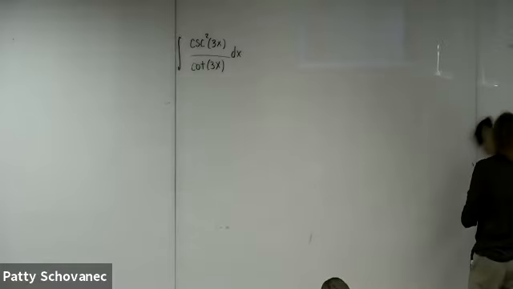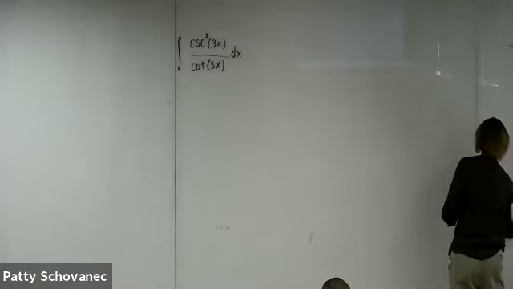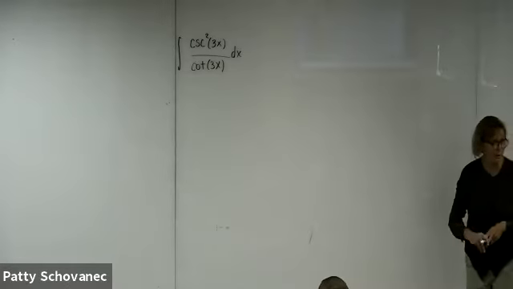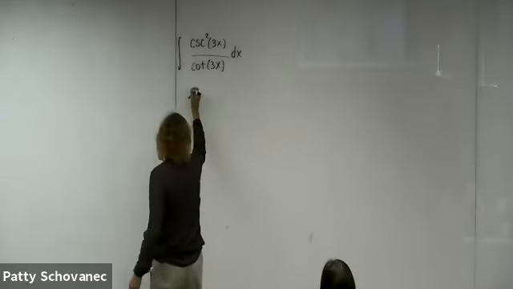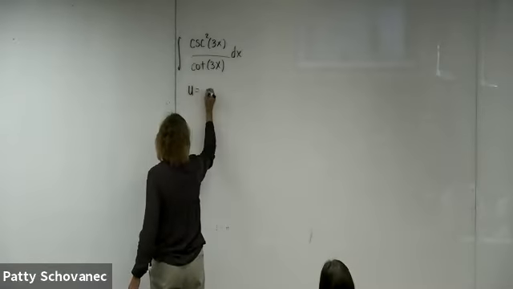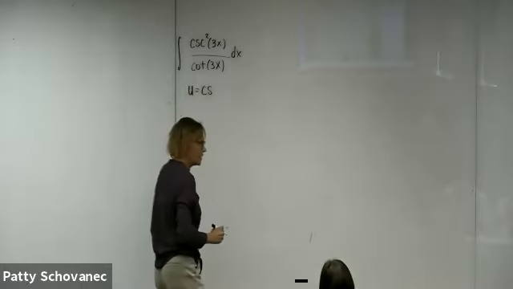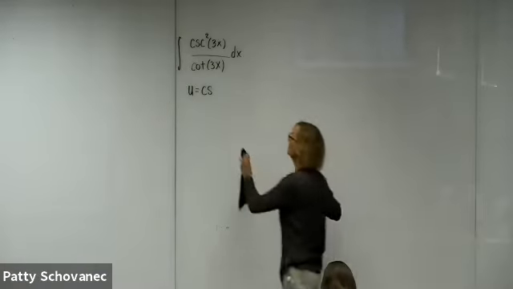I suppose if you're not comfortable with secants and cosecants, you can also write this in terms of sines and cosines and maybe be able to handle it from there. It was a cosecant squared on top. But if you remember that the cosecant has as its derivative, no, cotangent, take the bottom to be u. Never take the top to be u, take the bottom to be u.